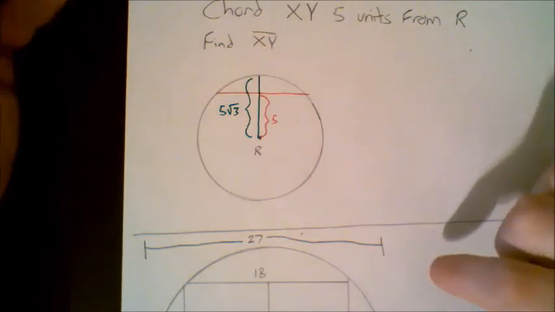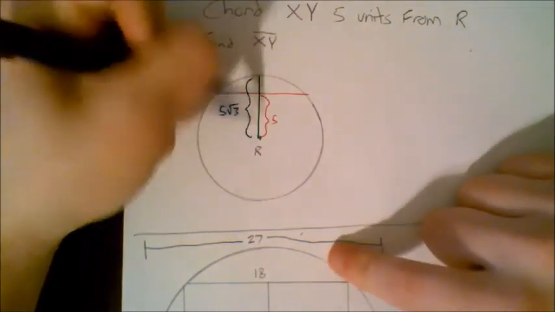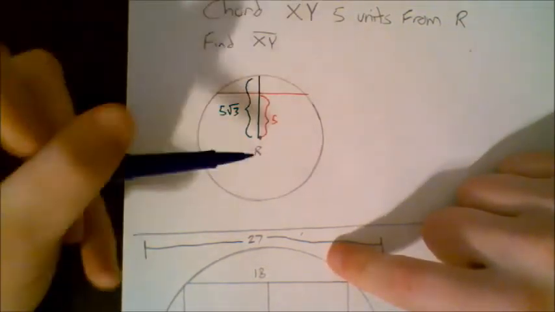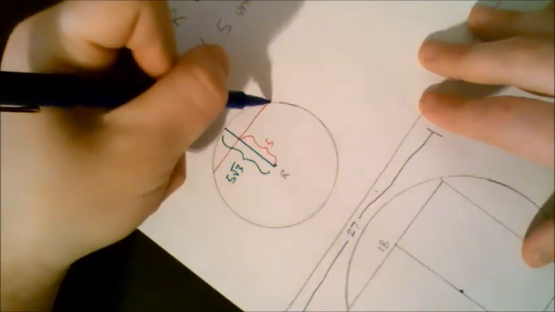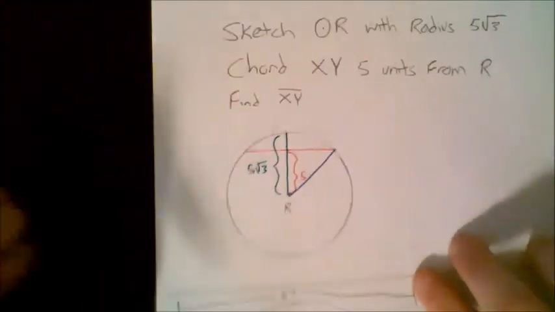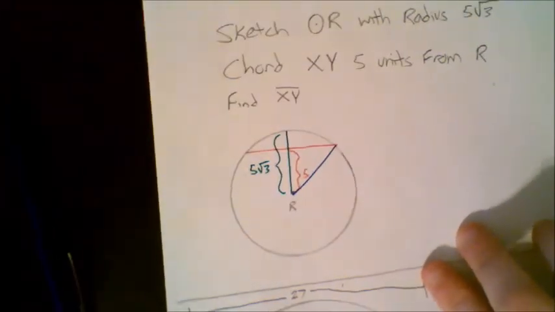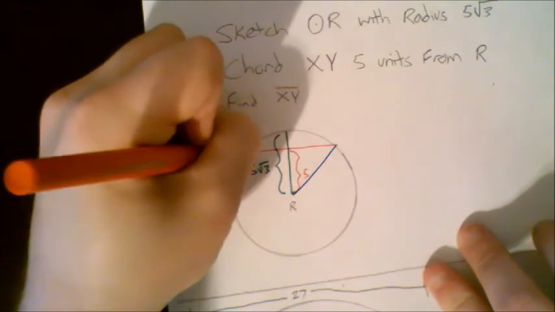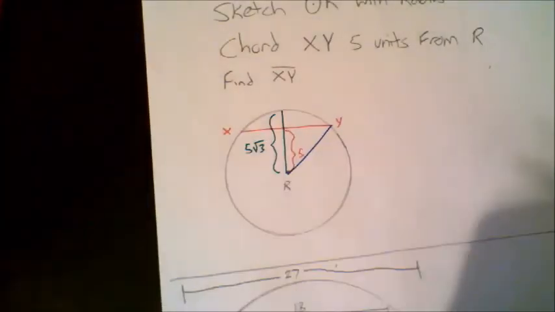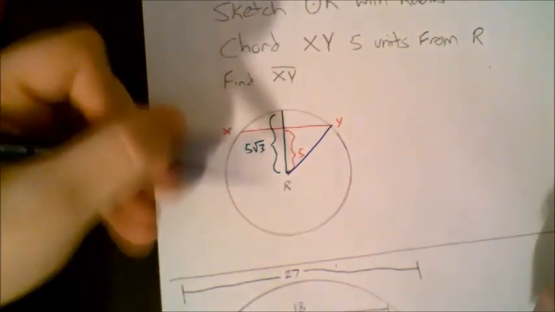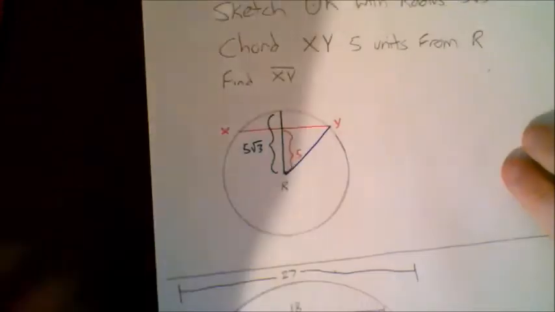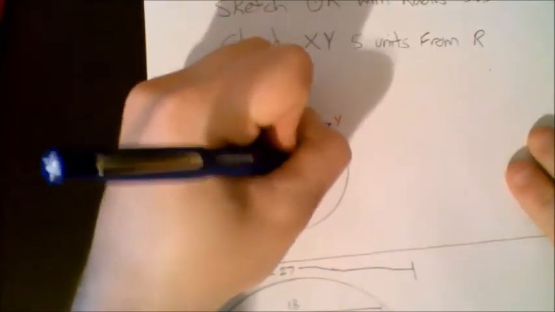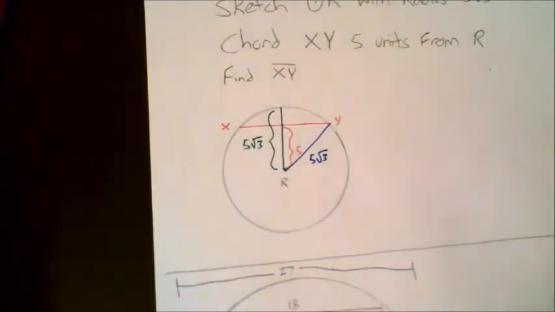Since this is the radius, I'm going to draw another radius. I'm going to start at the center and connect it to the end of the chord. We know that this is chord XY. Since the radius of the circle is 5 root 3, this distance from R to Y is also 5 times the square root of 3.